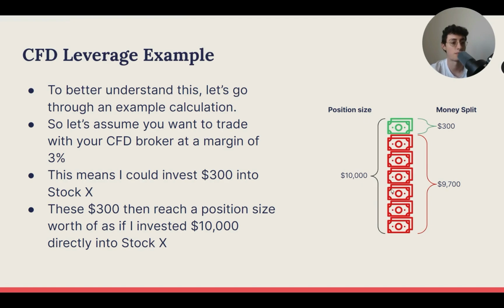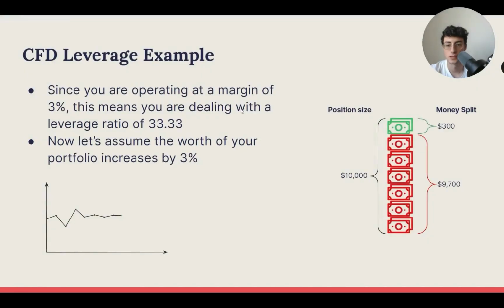This is what a 3% margin would mean, while the rest of the money, $9,700, is put up by the broker. So we borrow money from the broker to reach this size. Since you're operating at a margin of 3%, you're dealing with a leverage ratio of 33.33.